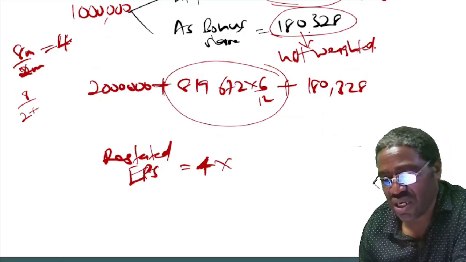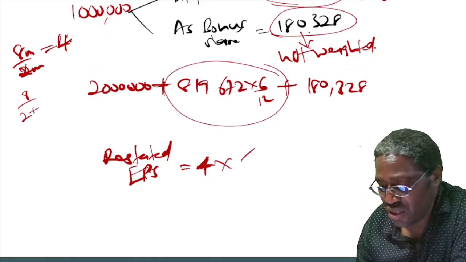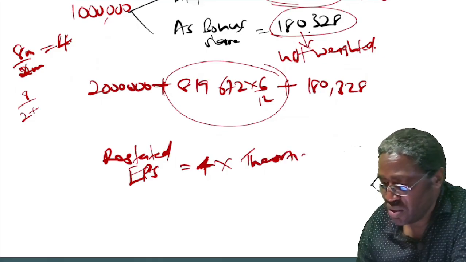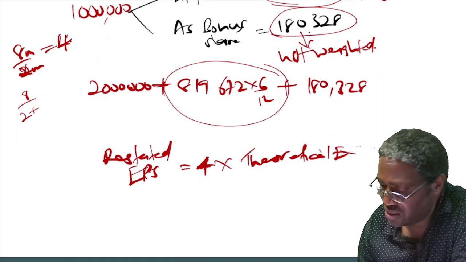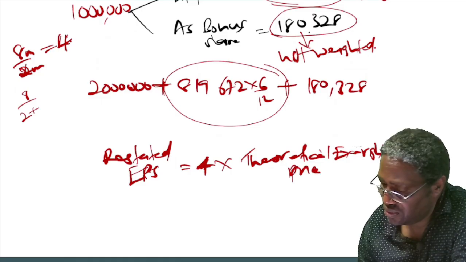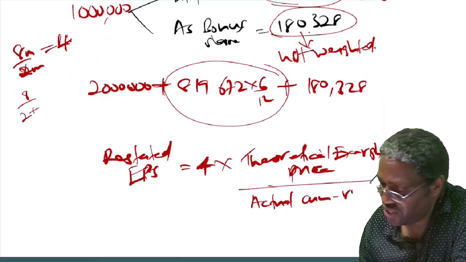What is that factor? The factor is the theoretical ex-rights price, divided by the actual cum-rights price.